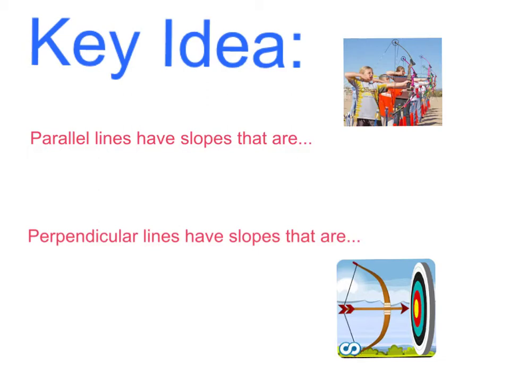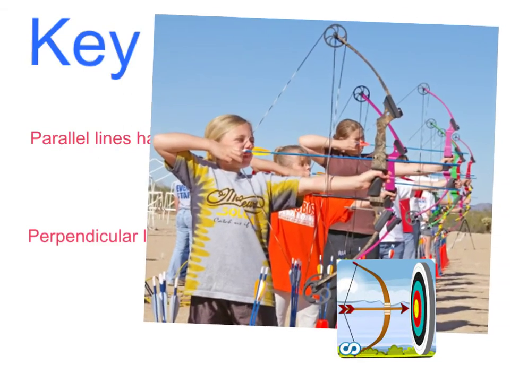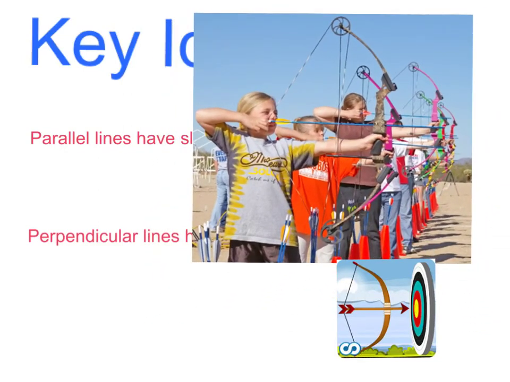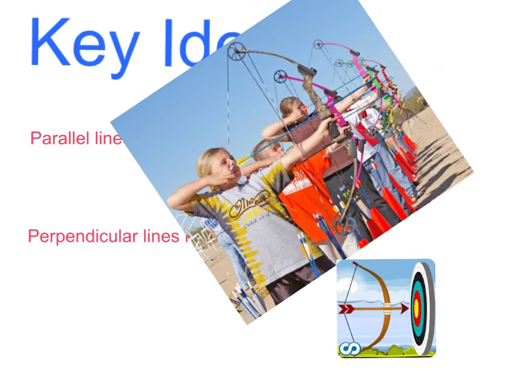I want you to take a look at this picture for a second. If you really look at the parallel lines, a really good archer's arrow should be parallel to the arm that's holding the bow, and you can see that really well here. So parallel lines basically should have the same slope. It means that they're rising and running, and the line here is rising and running, all at the same pace.